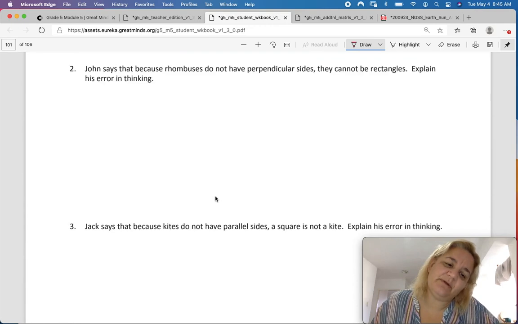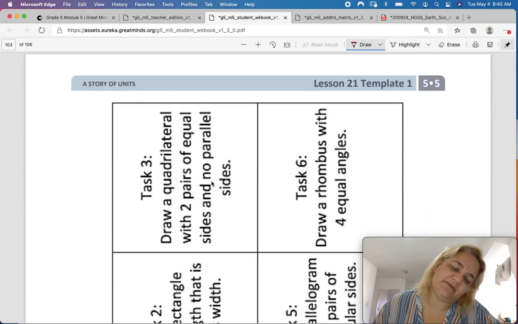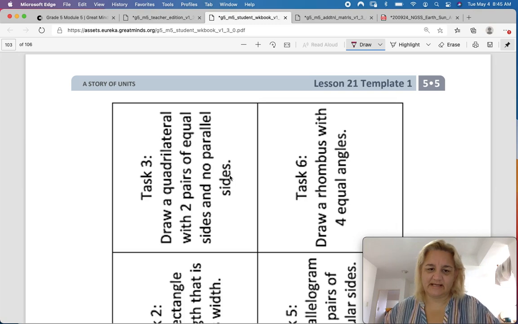Task number 3. Draw a quadrilateral with 2 pairs of equal sides and no parallel sides. With 2 pairs of equal sides and no parallel sides.